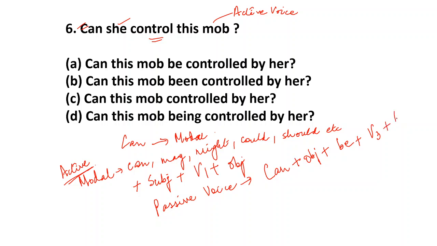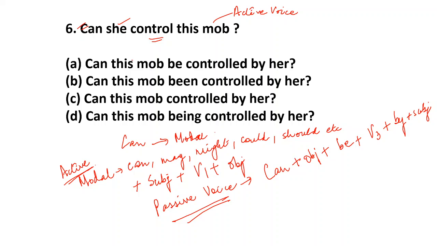Then of course by will be there, plus of course the subject. So this is the passive form. So here find out which answer will be correct. This is in the active voice, so the passive voice, what will it be? Can plus object plus be plus V3 plus by and the subject.